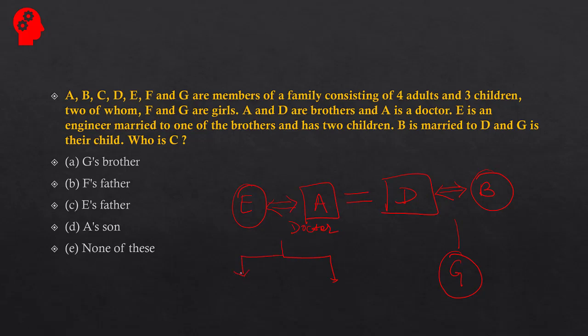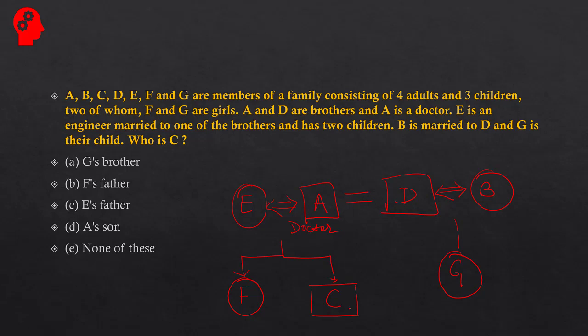The two children here would be the remaining two names F and C. F has already been given as a girl and the third child is a male child. It's a boy. So C would be a boy. Okay, that completes the family tree.